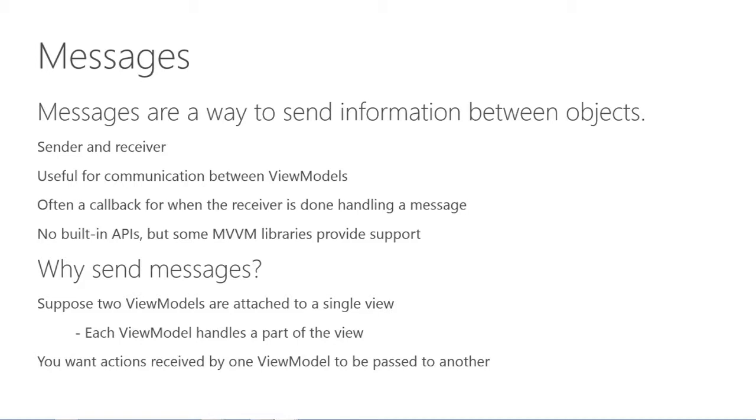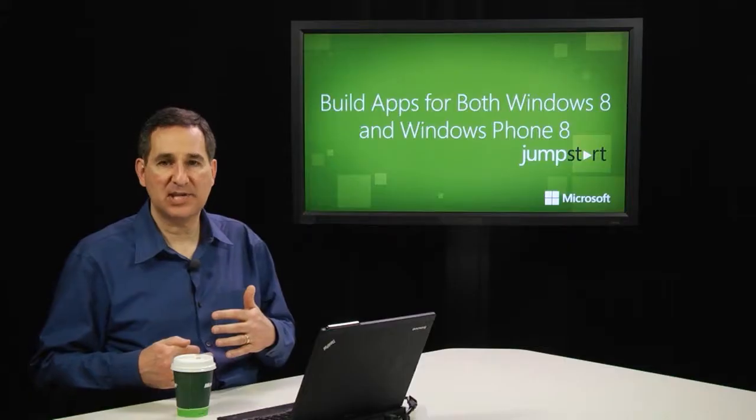So messages are a way to send information between objects. In particular, you could send messages between 2 view models, for instance. And so, again, the scenario would be, let's say I had a view that had an order and order details on the same view.